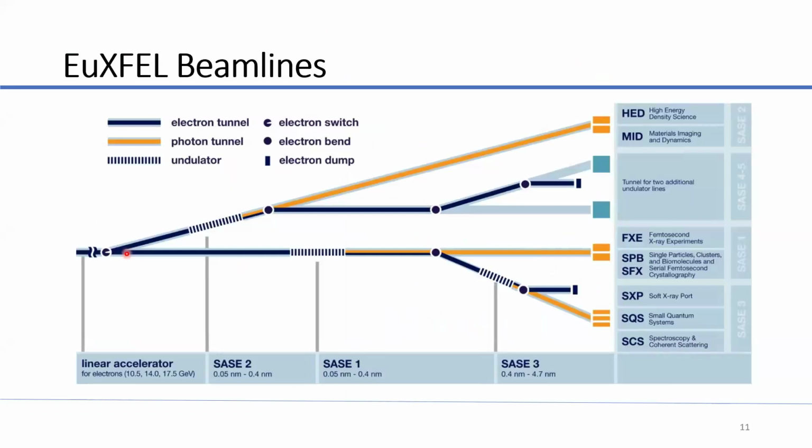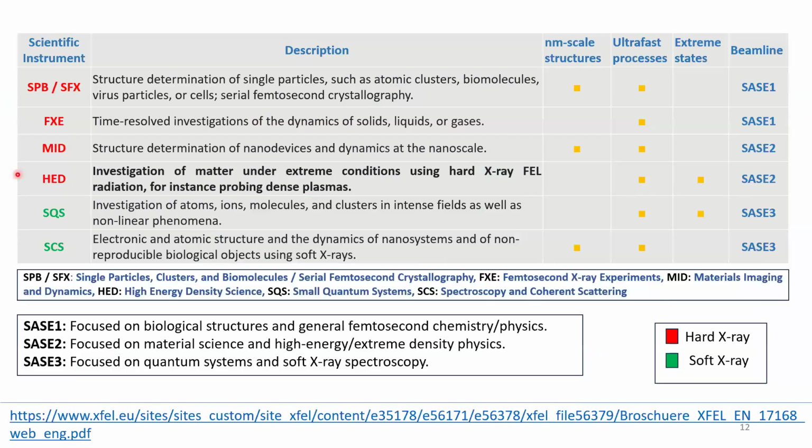So we know that at European XFEL, there are three self-amplified spontaneous emission sites. We have the high energy density science, which deals with warm dense matter. So these are the different capabilities of the other instruments. You can see that high energy density is being probed, and we can see ultrafast processes and extreme states.